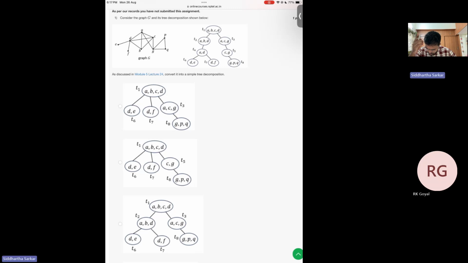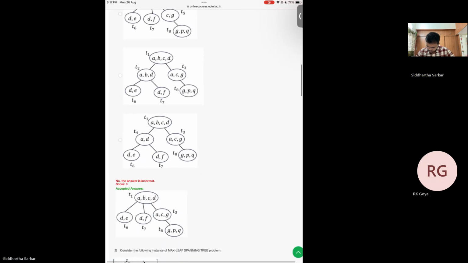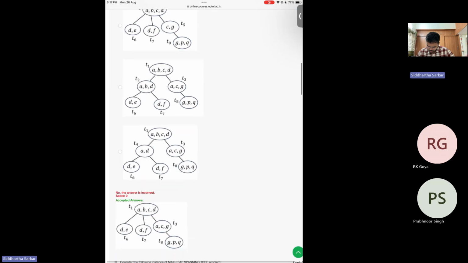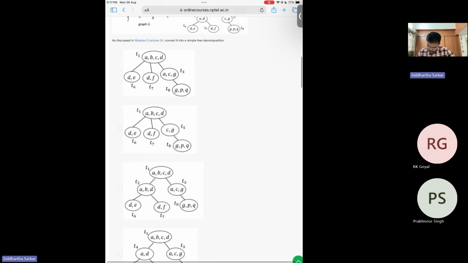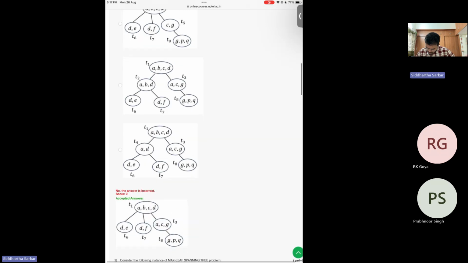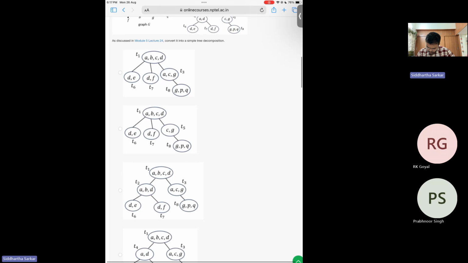AG is also there, AC is also there, okay. What is the answer? The answer is this one, GPQ. Okay, so this is fine. Sorry, I take it back. So this is a valid tree decomposition. What is the answer? DF, ACG, and GPQ.